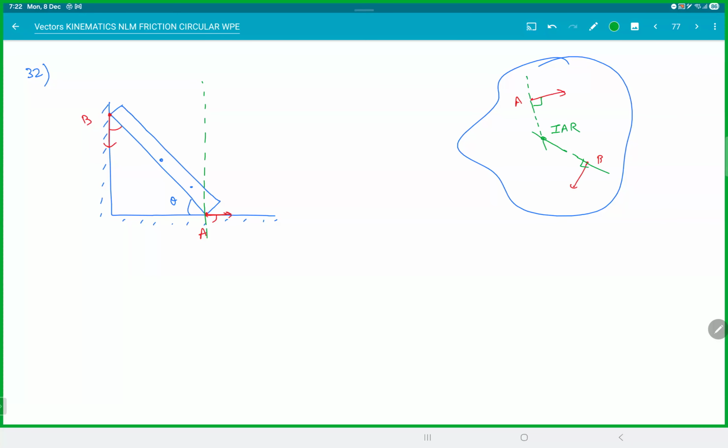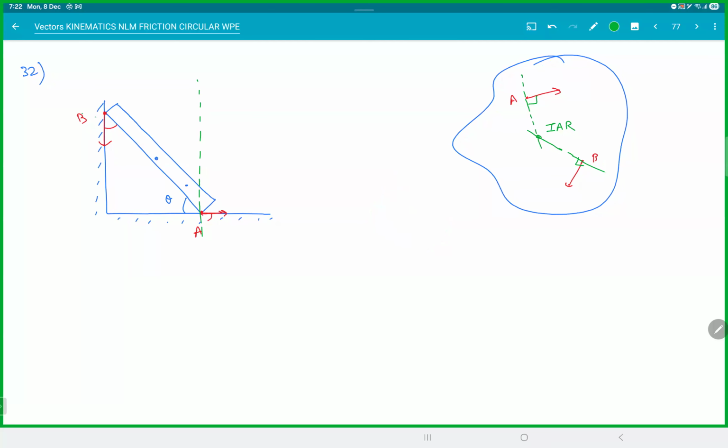And the logic is this: when you stand on IAR, you think everyone is going in a circle. So think about this. If everyone is going in a circle, and these are concentric circles, then for concentric circles, if you take any point and draw a normal, shouldn't they always meet at the center? That's your IAR. So for B, when you draw, this is your IAR.